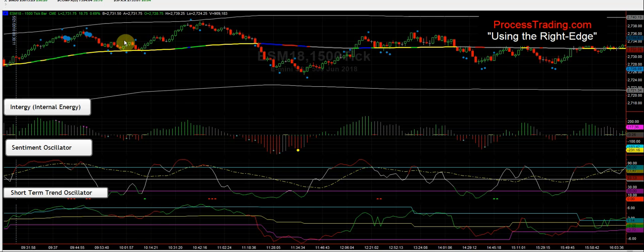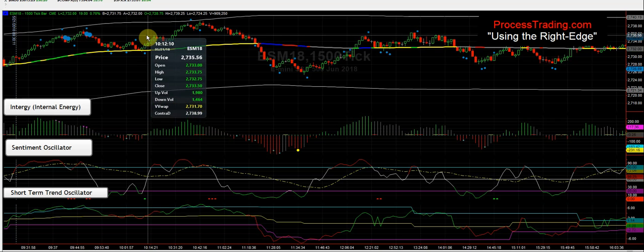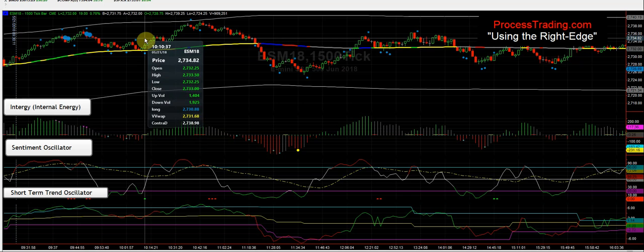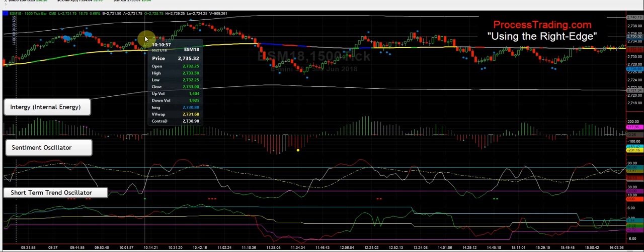The same thing is true of this one. It would have been up here, and you would not have got filled. But this dot here, as we placed our entry, we see that the high is 33.50, and we're going to place our order entry at 35.50, and that is right in this area right here.